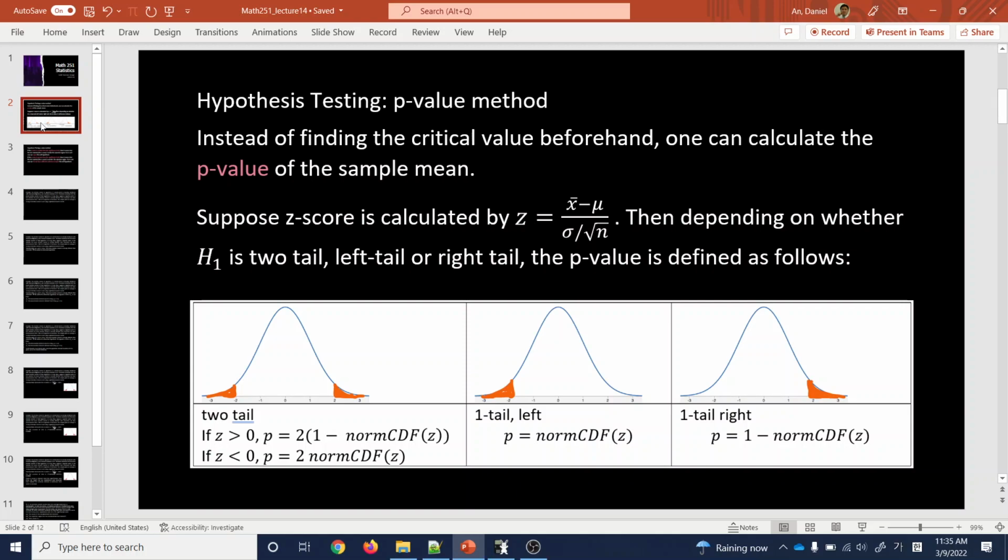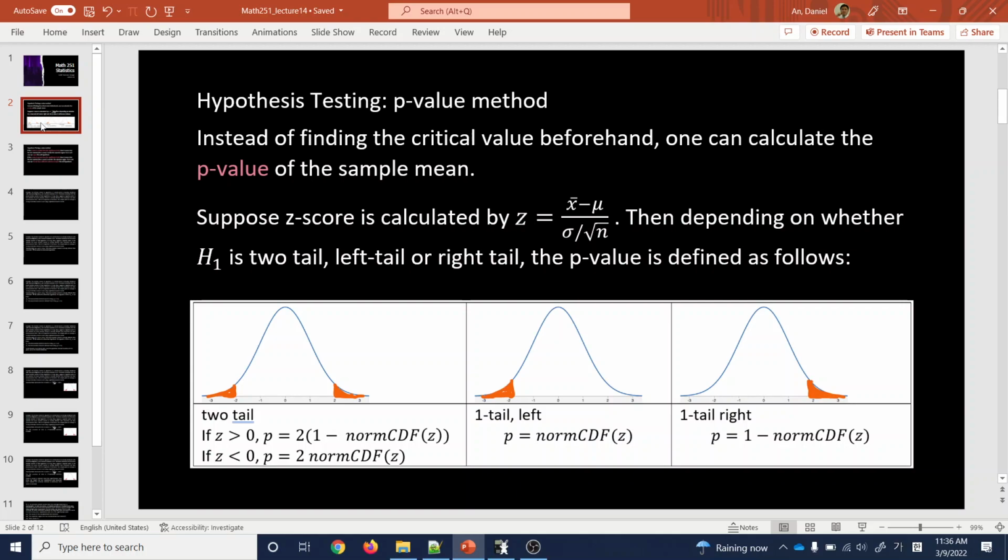Okay, so instead of finding the critical value beforehand, one can calculate the p-value of the sample mean. Suppose the z-score is calculated by z equals the sample mean x bar minus mu, which is the population mean, divided by sigma over square root of n.